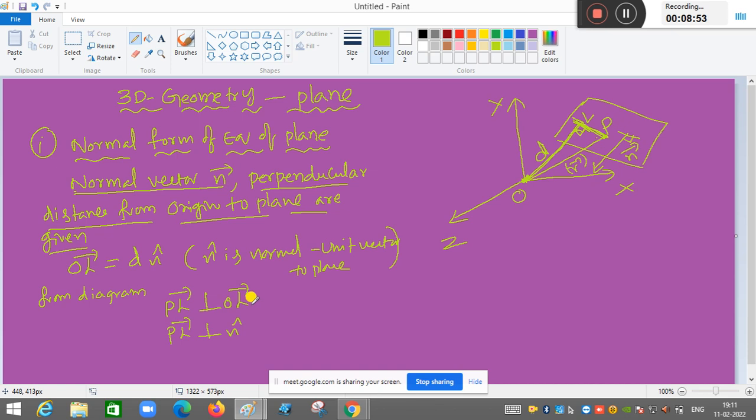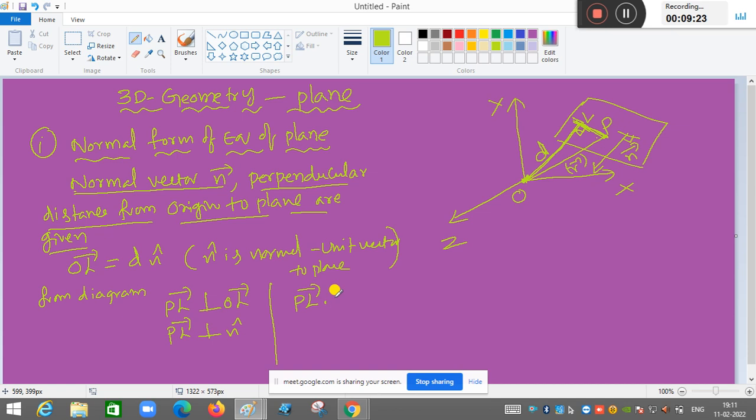OL bar is d n cap, so if d n cap is perpendicular, n cap is also perpendicular. D is a distance, and the unit vector is perpendicular, so PL bar is perpendicular to n cap. Right. So if two vectors are perpendicular, the dot product is 0.